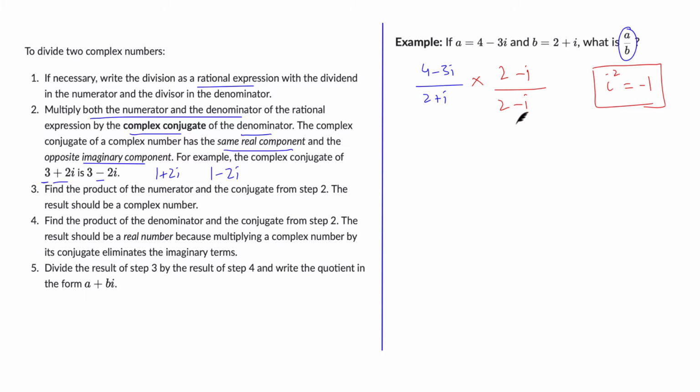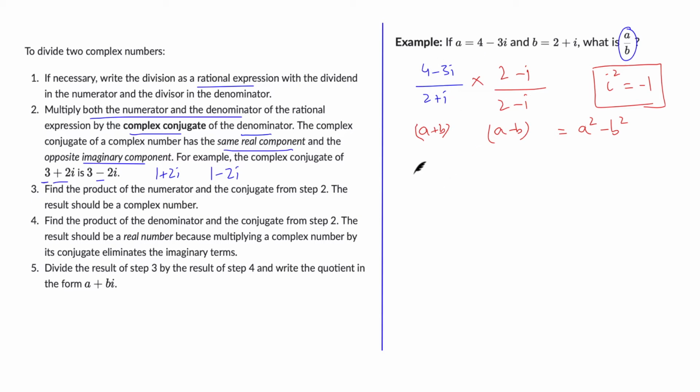And you will see that this is basically a plus b and this is basically a minus b. So a plus b into a minus b is a squared minus b squared. Now you just have to do the simple math. That's steps 3, 4 and 5. Let's do the math and see what we get.